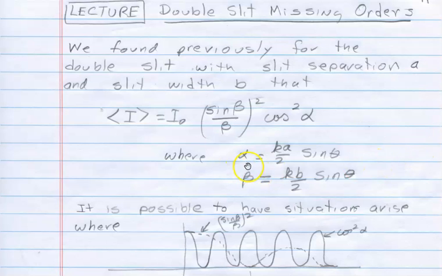And remember here, alpha is Ka over 2 sine theta, and beta is Kb over 2 sine theta. We went into some detail deriving that formula last time.